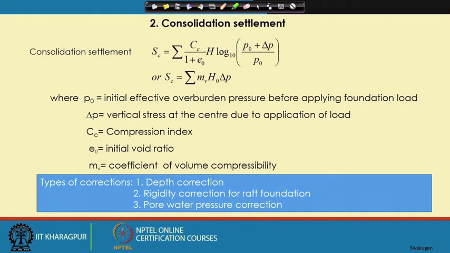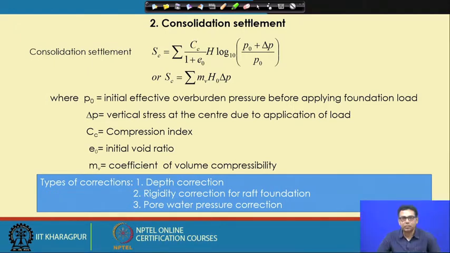Then how to get the influence factor IF, I have given the table also, and the probable ranges of elastic modulus of different soils, and how we calculate the elastic modulus of soil, and the possible ranges of Poisson ratio values were also given in the last class lecture.